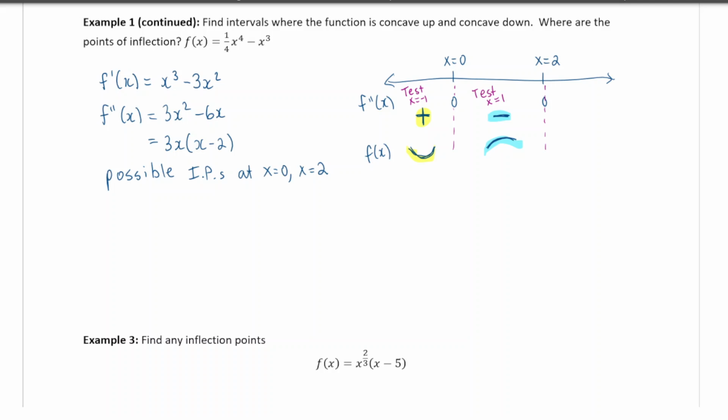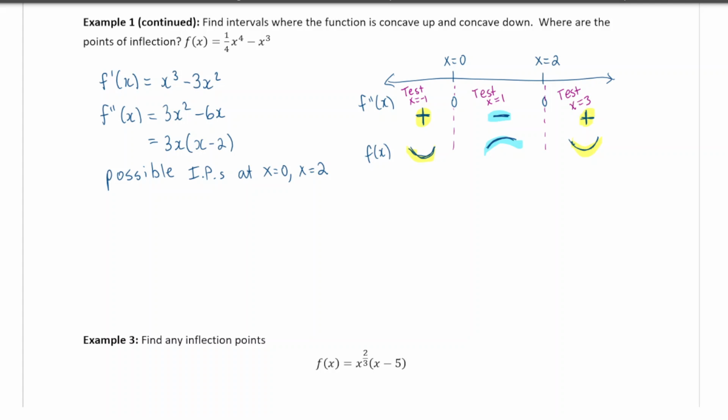And then finally, choosing something like 3, plugging that into the second derivative, I'm going to get a positive value. So that means I'm getting a concave up shape.